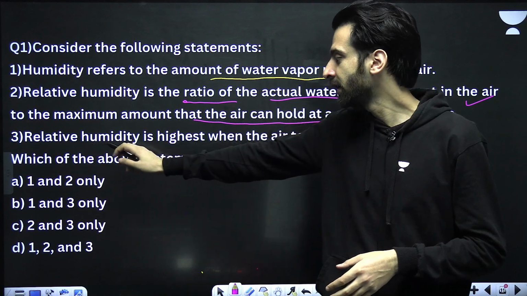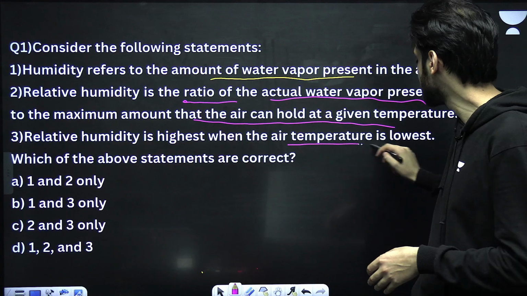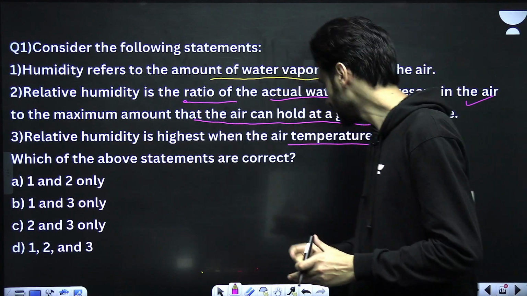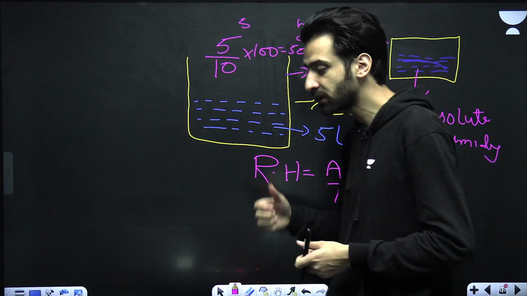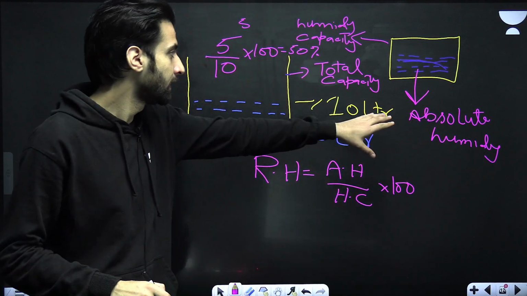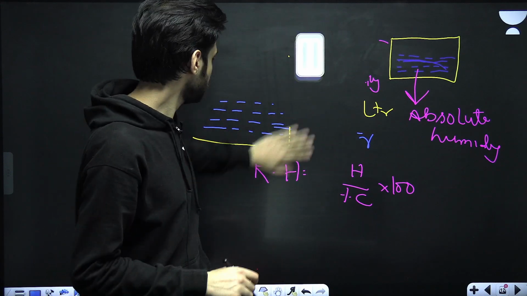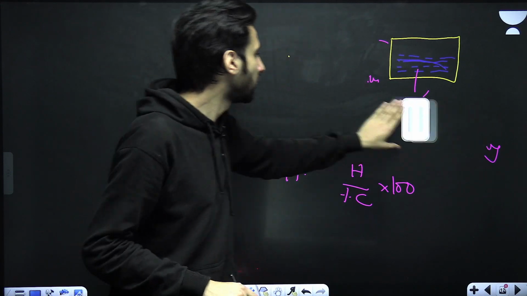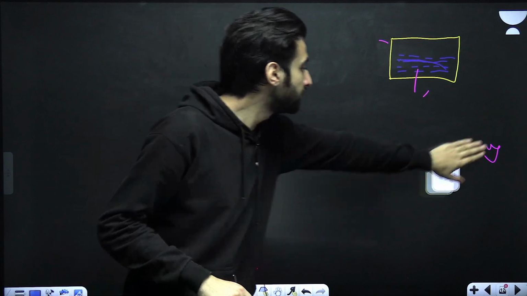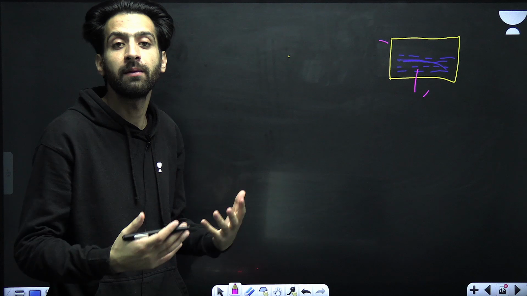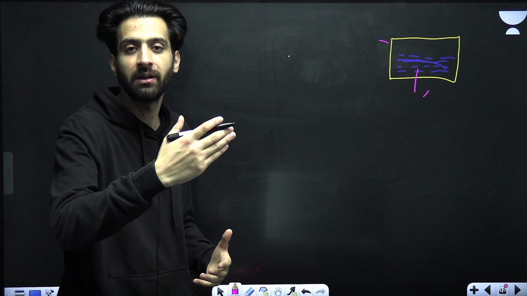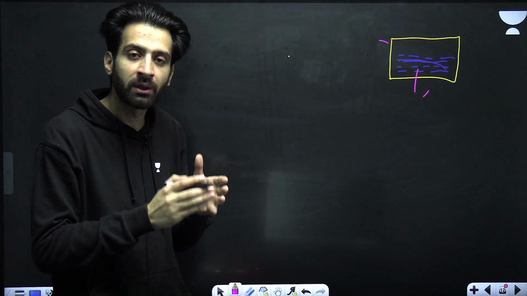Coming to third, relative humidity is highest when the air temperature is lowest. This is related to temperature. If we go back to our example here, this parcel of air that I have drawn here will be able to hold more vapor at higher temperature as compared to lower temperature.